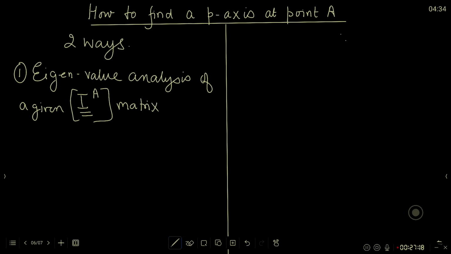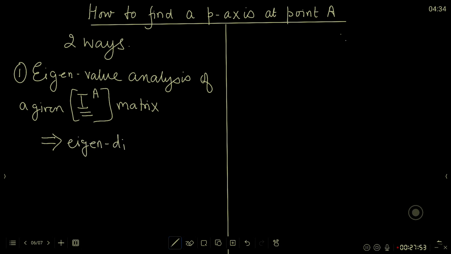In one of your maths courses in the first year, you might have been exposed to this idea of doing what is called the eigenvalue analysis of a given matrix. In your maths course, it must have been presented for a given matrix. In this course, that matrix is the inertia matrix. So whatever you have learned in your maths course can be applied here. You can do the so-called eigenvalue analysis, and that will give you eigen directions.